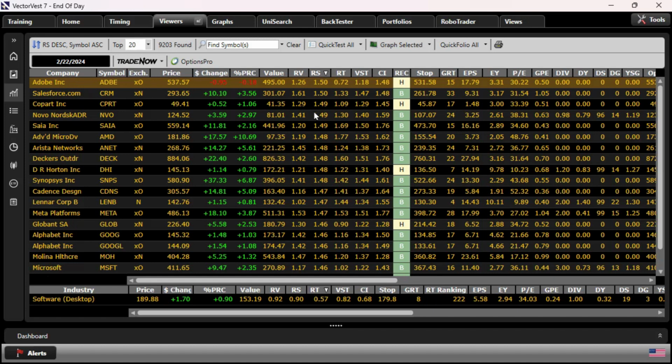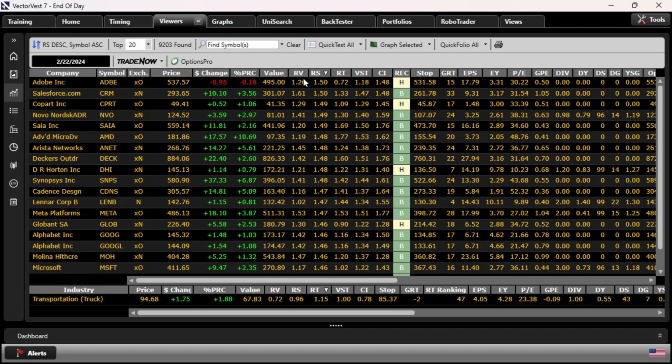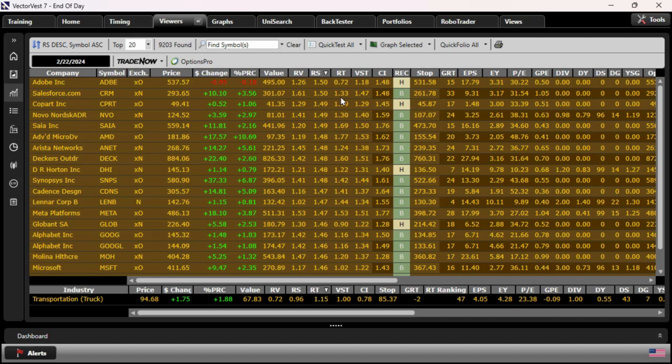Again, because we're focusing on relative safety, we're not really considering what the current trends for the stock are. So let's cherry pick from the list only the stocks that are currently in short and long-term uptrends. Holding the Shift key, I tag them all.